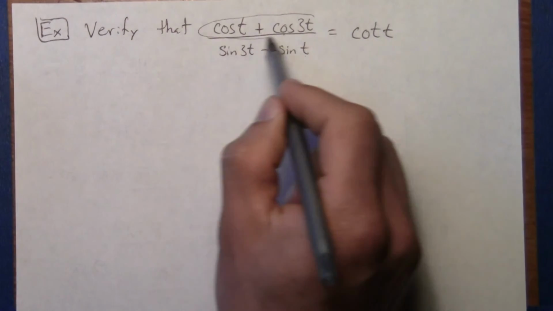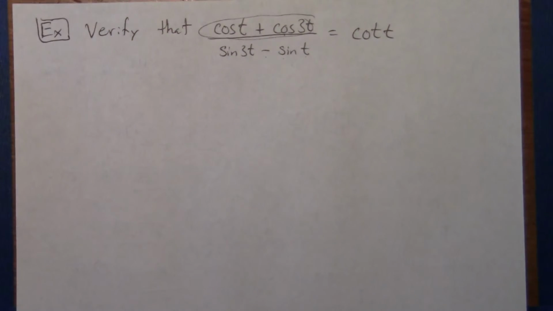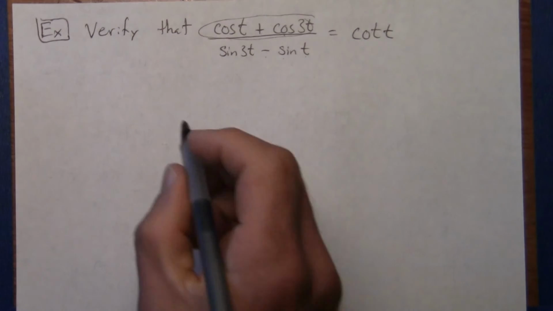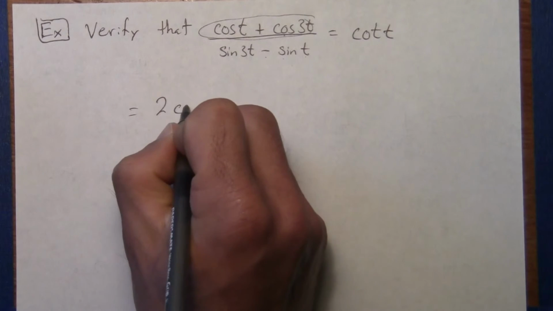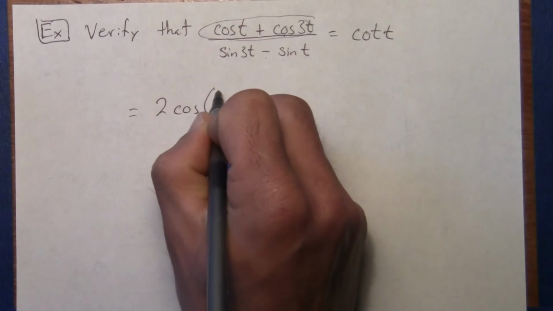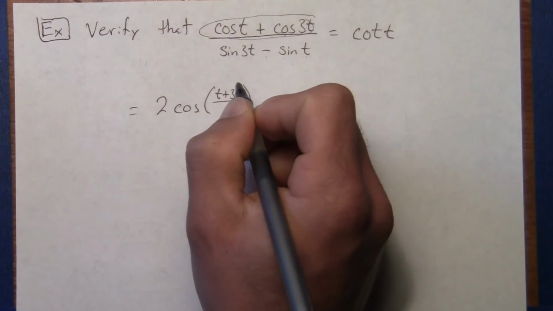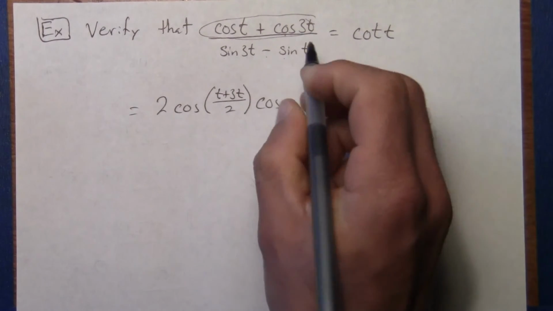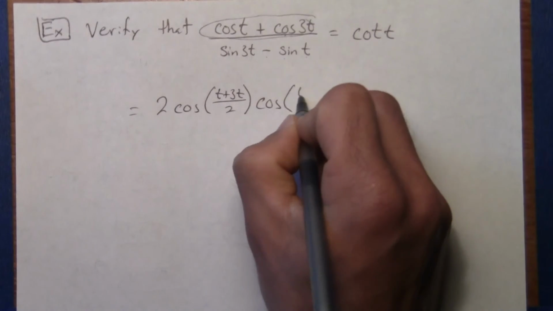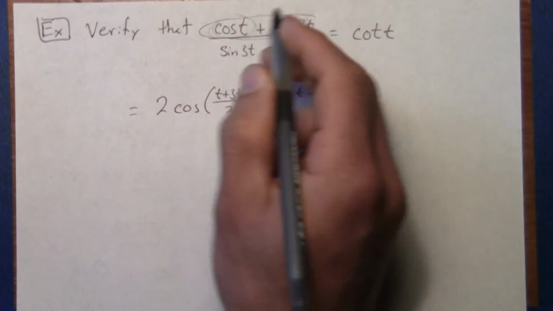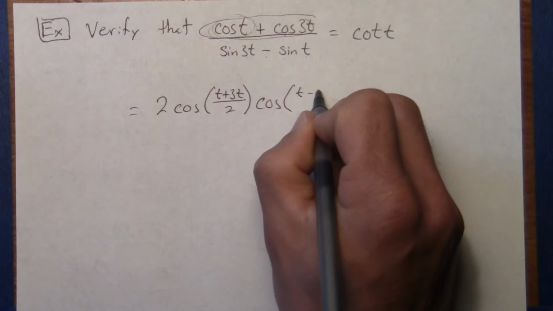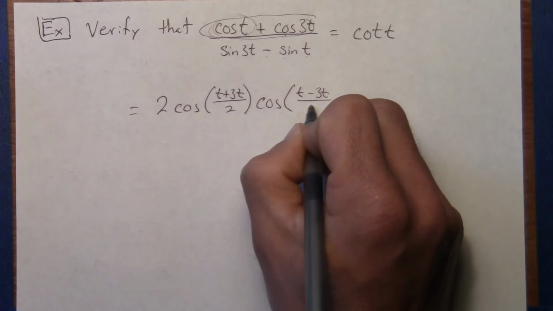So if I look at just the numerator and use the identity for two cosines added together with different angles, it's 2 times the cosine of the angles added together divided by 2, so t plus 3t divided by 2, times the cosine of the angles subtracted divided by 2. This is considered the u, the first one, and this is considered the v. So t minus 3t divided by 2.